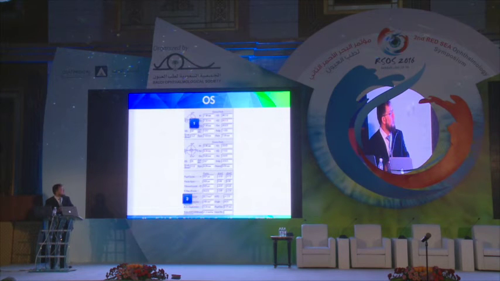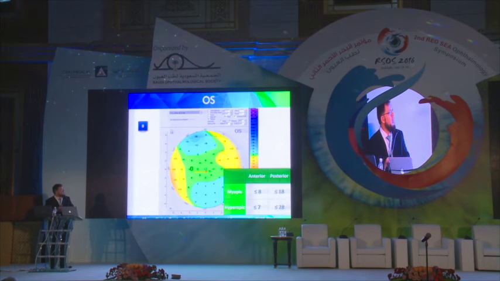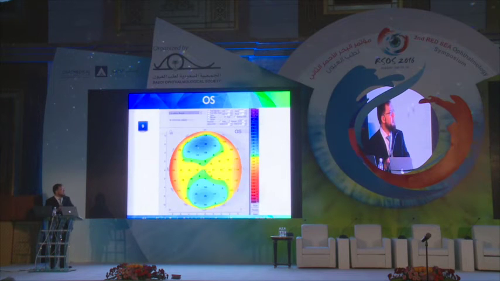okay, Kmax is okay, thinnest location is okay, Y coordinate is okay, astigmatism, Q value, there is no SRAX, less than 2.5, thinnest location, elevation map corresponding to the thinnest location is okay, and in the toric ellipsoid it's okay.